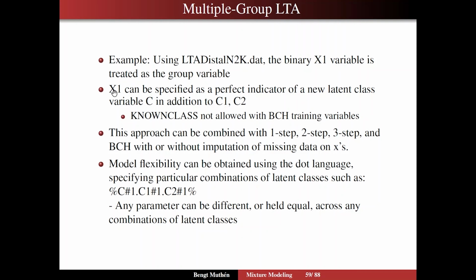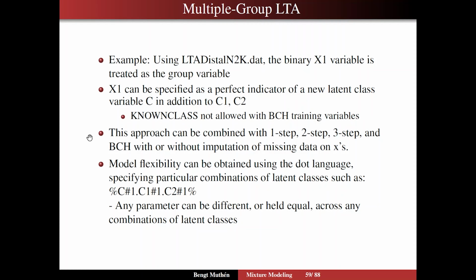And we can do that by specifying x1 as a perfect indicator, I'm going to say what that means, of a new latent class variable C in addition to C1 and C2. Sometimes you can specify groups as known class in mixture modeling, but that's not allowed with BCH training variables. So we take this tack instead.